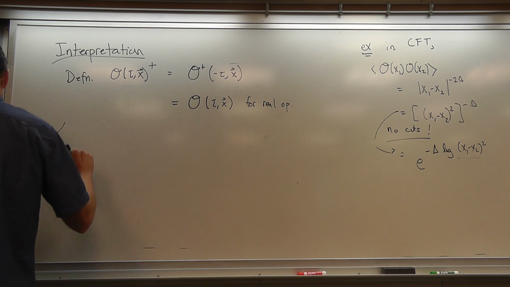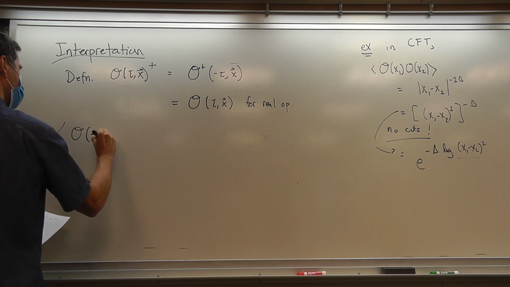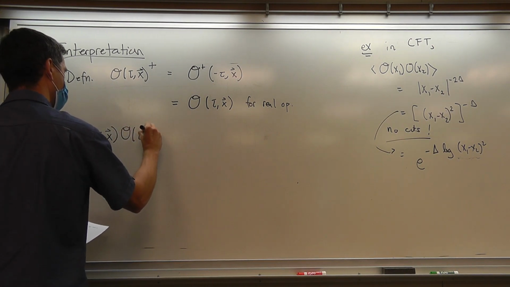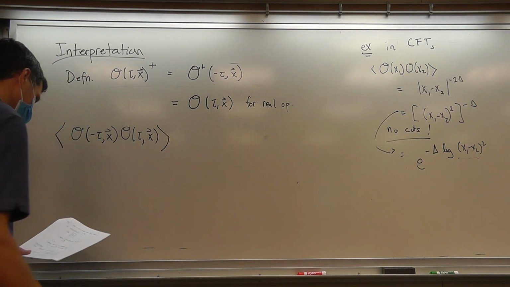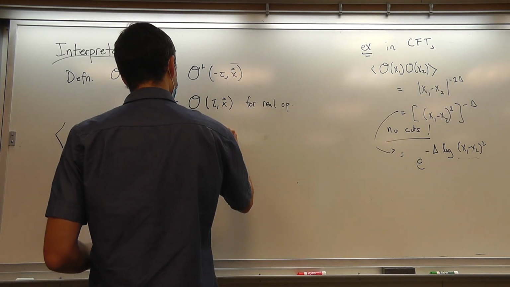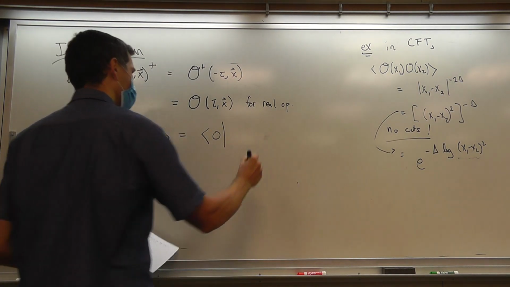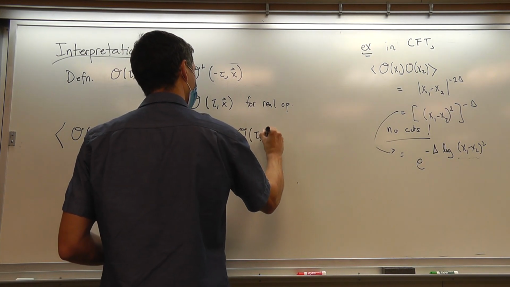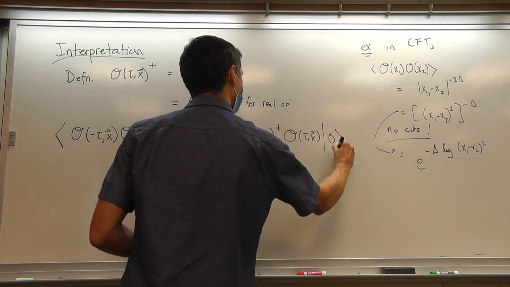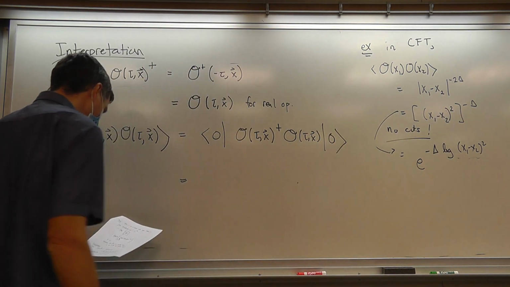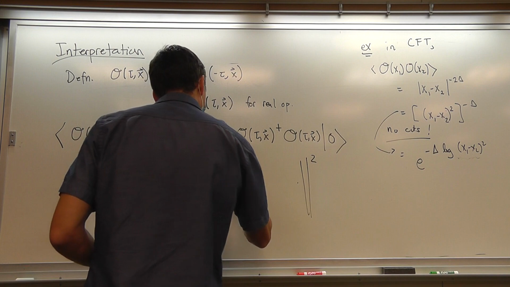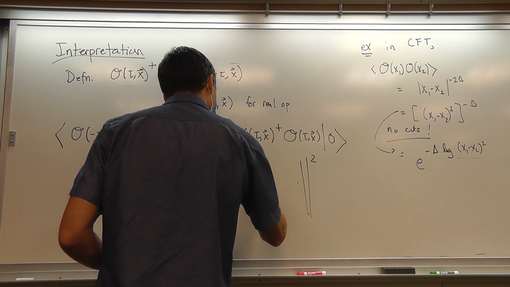With this definition, if I write the correlation function of O of minus tau, x vector, and O of tau, x vector, then as an operator equation, this is the expectation value in the vacuum of O of tau x vector dagger, O of tau x vector. And that is the norm squared of the state O of tau x vector on the vacuum.